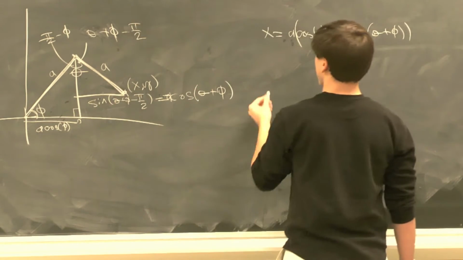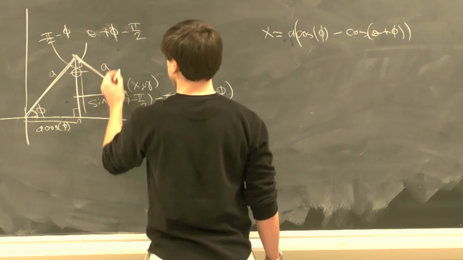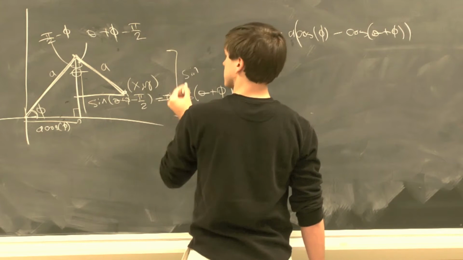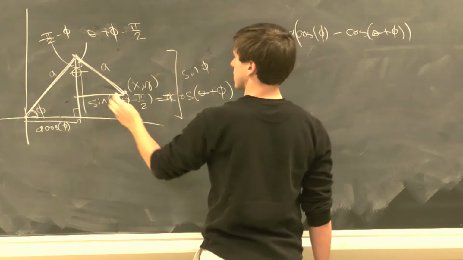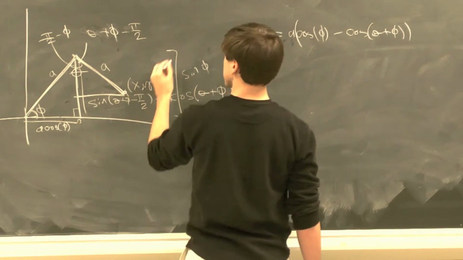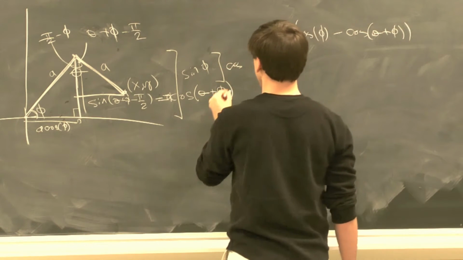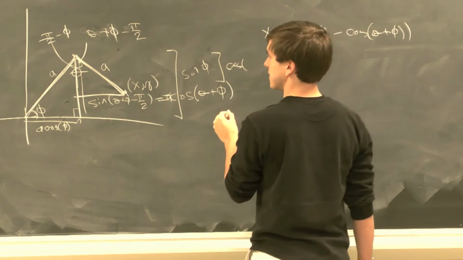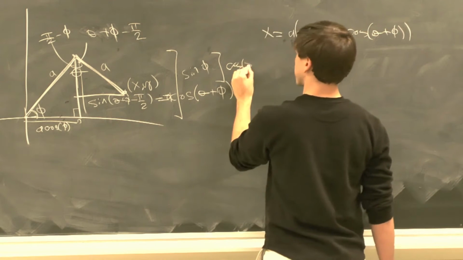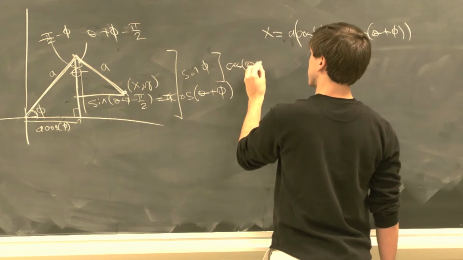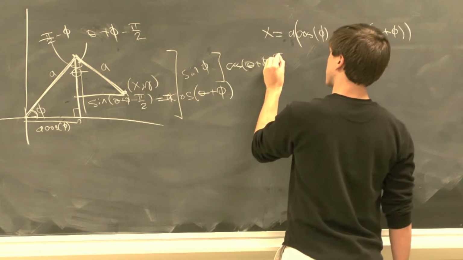Same with the height, except now we're actually subtracting. So this height is sine of phi, and then this is, sorry, I have horrible board presence. Cosine of our old angle, blah blah blah, pi halves.